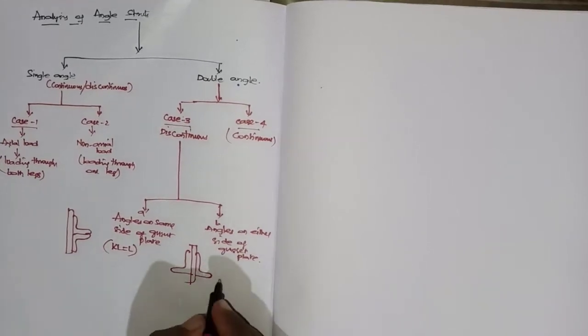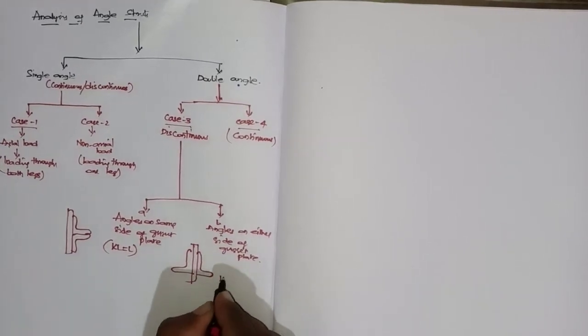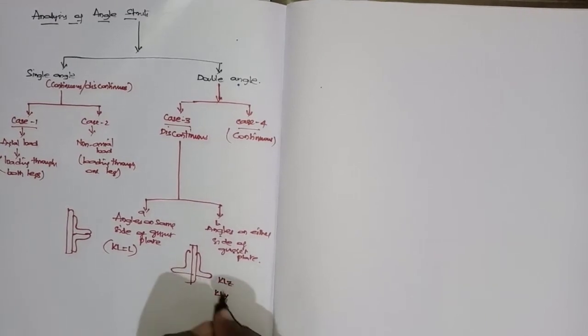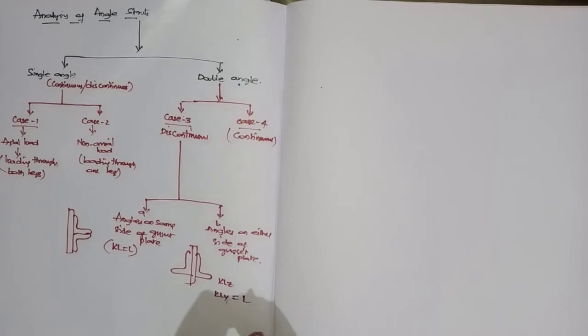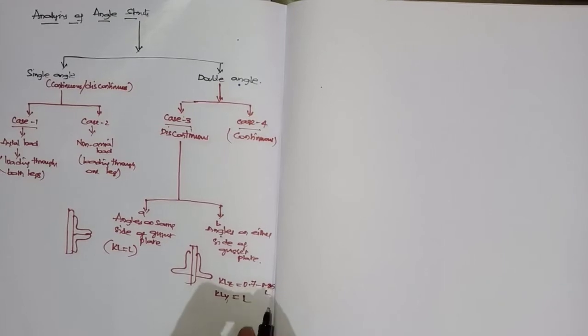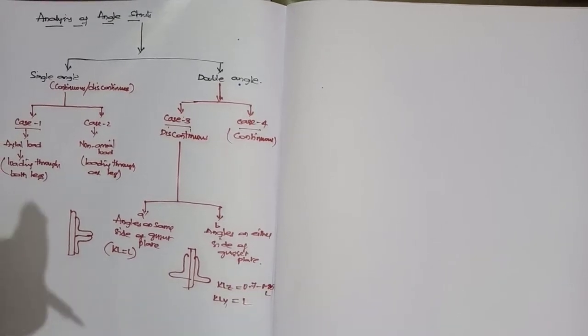And when we have them on either side, you will have it with respect to ZZ and with respect to YY. With respect to YY you can take L effective equals L, whereas here 0.7 to 0.85 times L. While solving the problem it will be very easy for you.